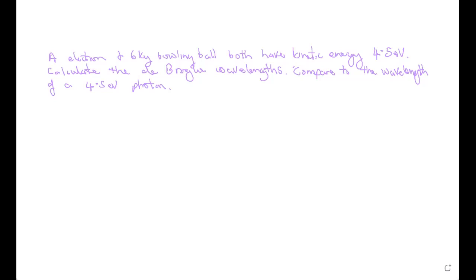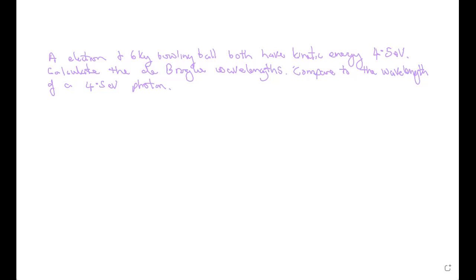And the de Broglie wavelength is the matter wavelength of a particle of matter, like an electron, like a proton, like a neutron, or like you or I. We all have a de Broglie wavelength.